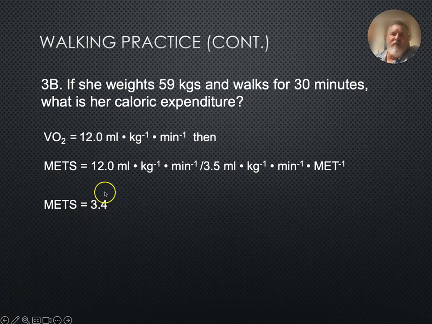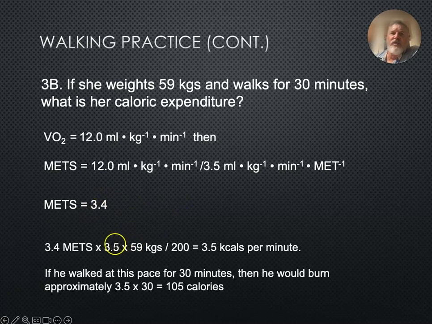I'm going to take the 3.4 METs, plug it into my equation, which is METs times 3.5 times body mass, divide all of that by 200, and I get 3.5 kcals per minute. If she walked at this pace for 30 minutes, it's simply 3.5 kcals per minute times 30 minutes equals 105 calories. So not that challenging. It's pretty straightforward once you understand what the numbers represent.